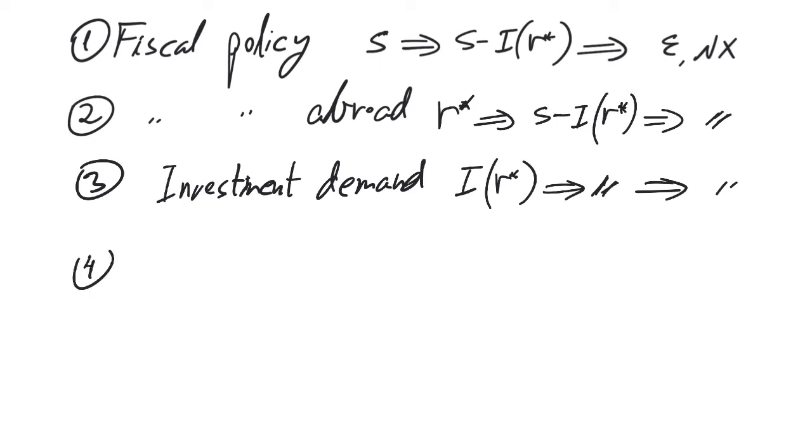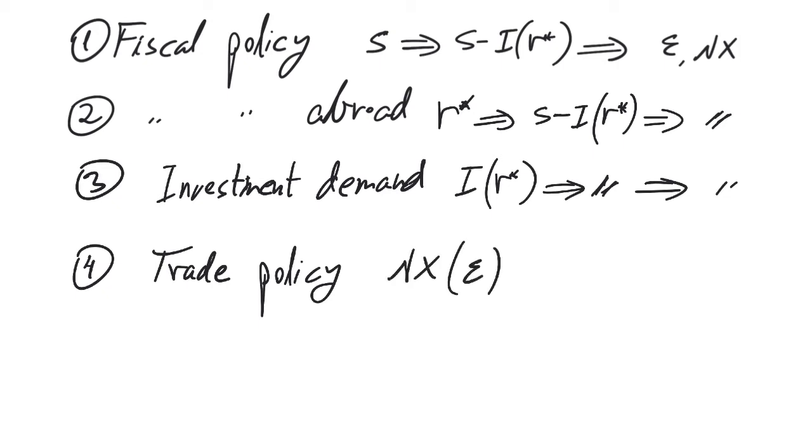Last, we have trade policy, that shifts the NX epsilon line, and so that will change the epsilon, but will not change the net export.